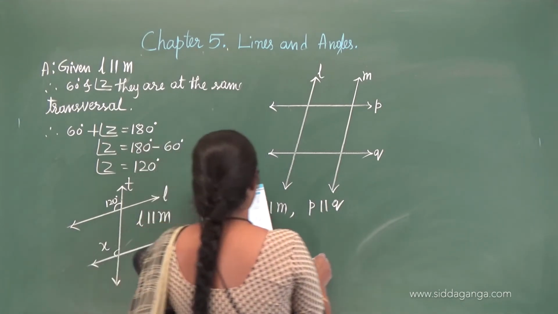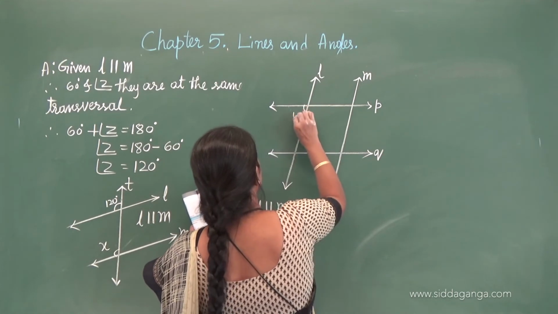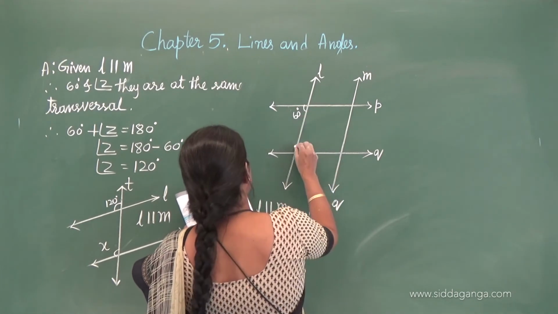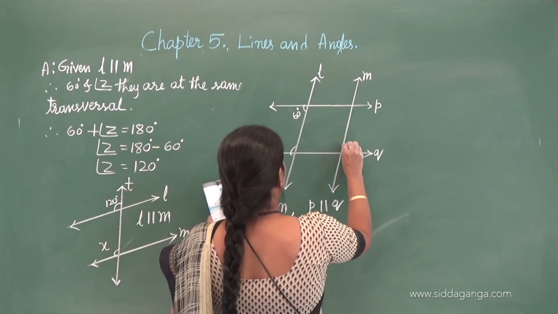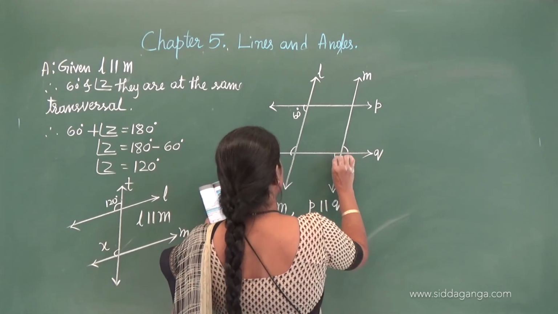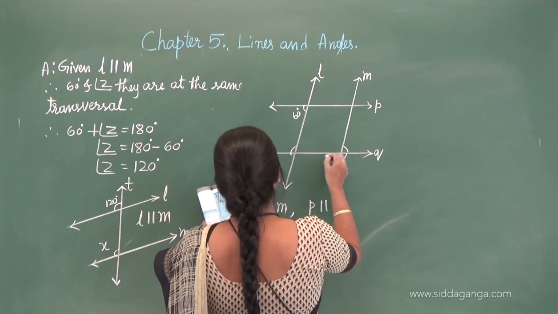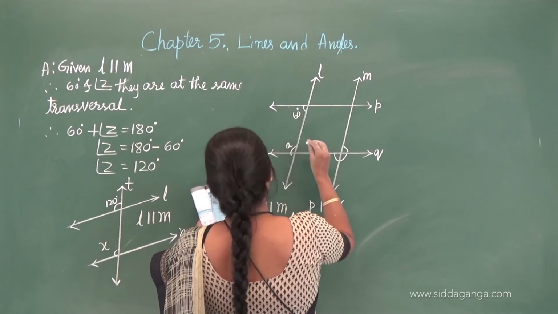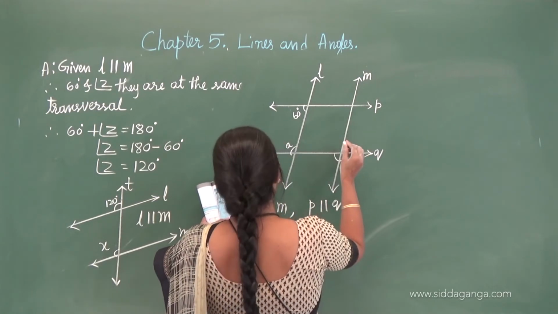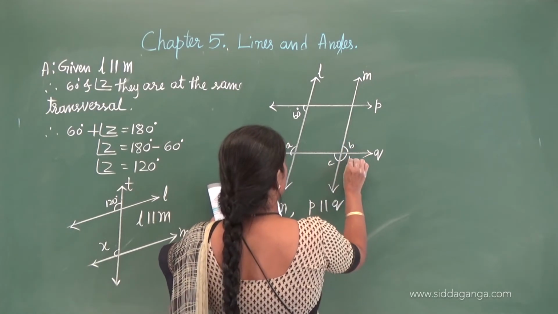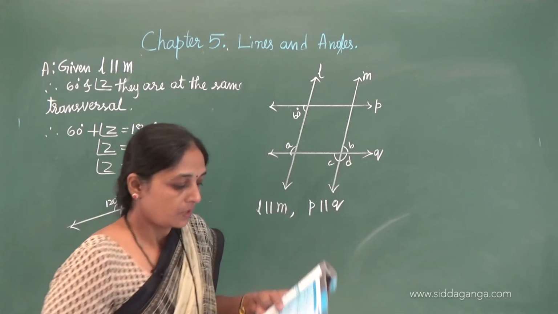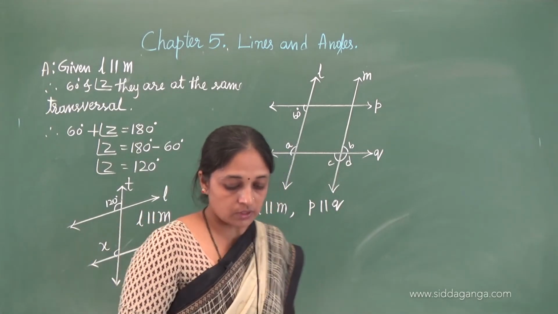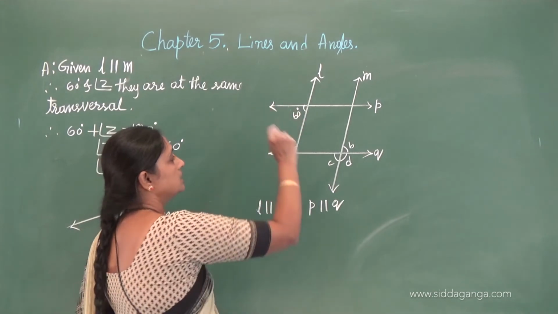Find angle ABC, it's 60 degree. And what about this angle C and D? It's A, it's B, it's C and it's D. Okay, we have one clue, that is angle 60 degree.